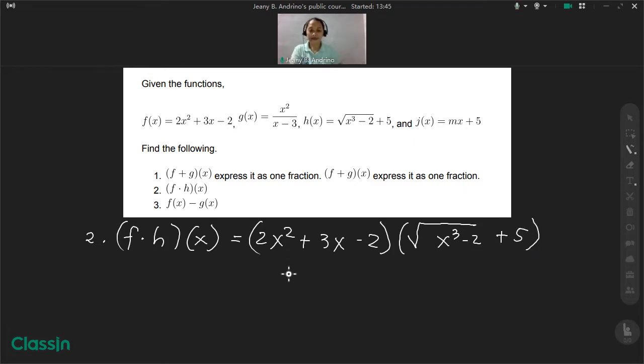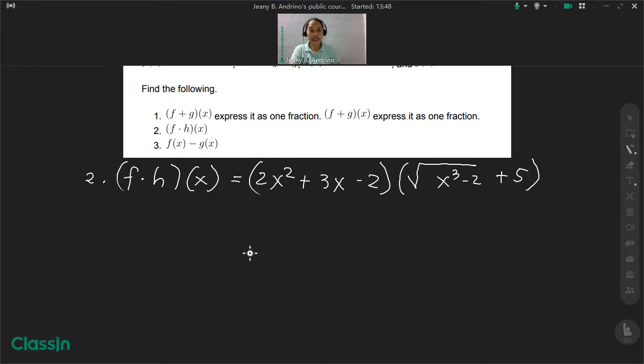Okay. So what to do with this one? Now, this is multiplication, so that means to say the previous thing that we did will be applied as well. So what are we going to do? We are going to distribute. Now, you have the freedom to choose when to start the distribution or where to start the distribution with.